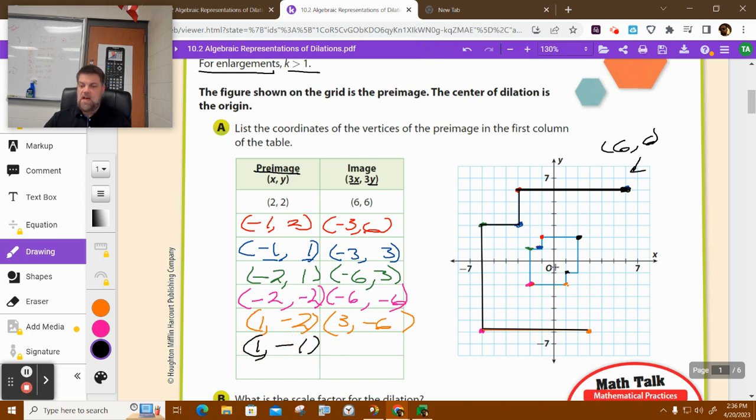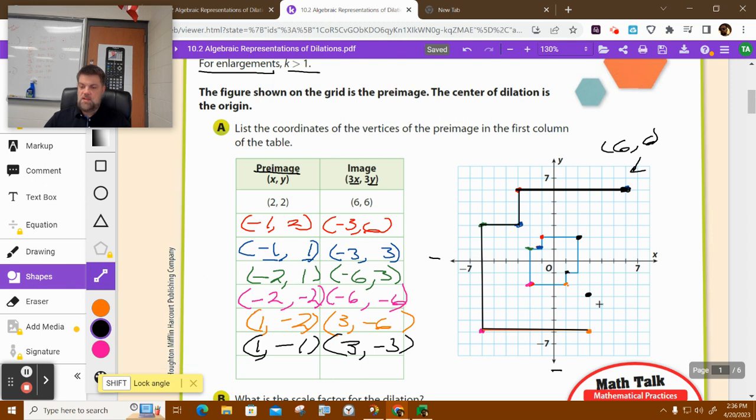Remember that I start at the origin, I go to the right one in the positive x direction, and then I go down one in the negative y. This is negative, this is negative. So what's 1 times 3? What's -1 times 3? Very good. So then I'm going to go over 1, 2, 3, and then I'm going to go down 1, 2, 3. Draw a line between those 2 points.